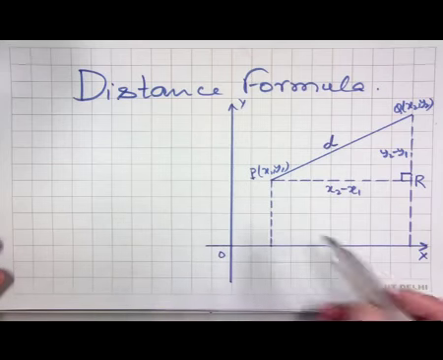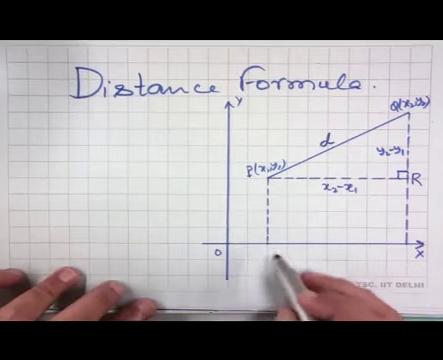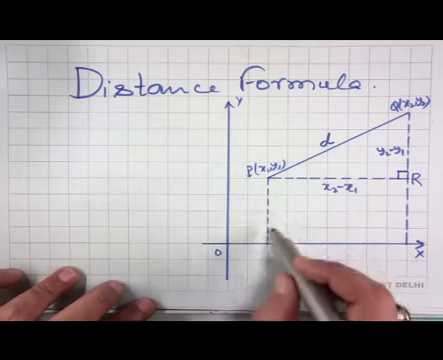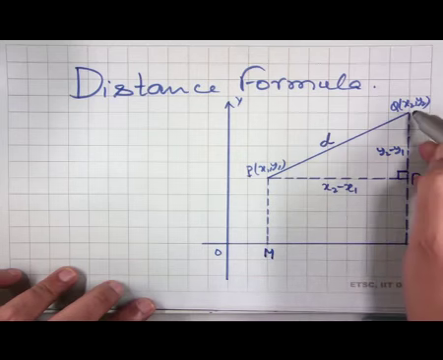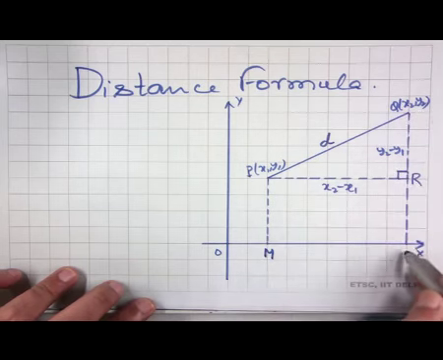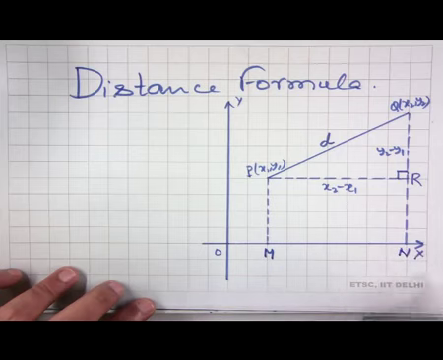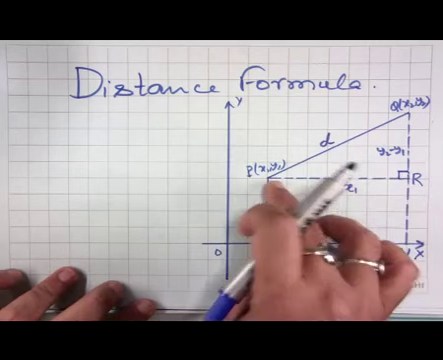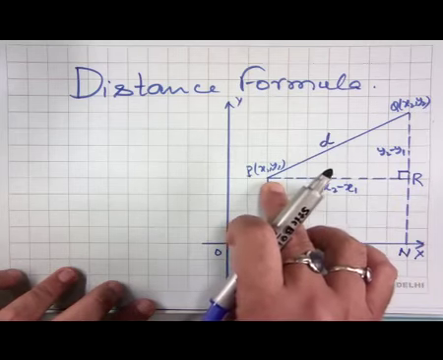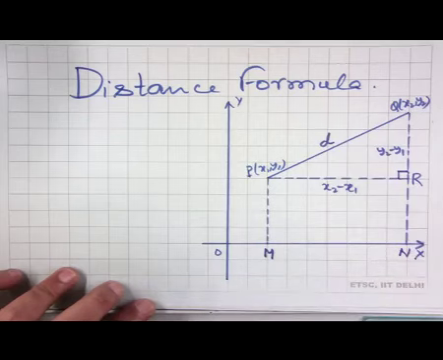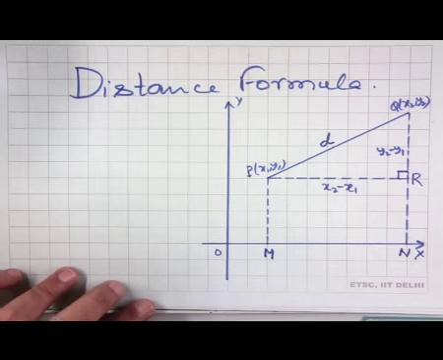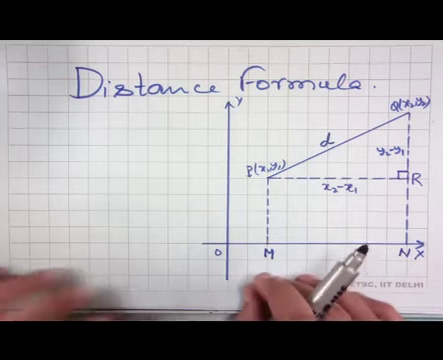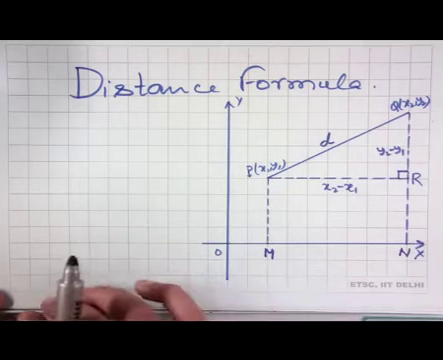For this we draw two perpendiculars: the perpendicular drawn from P on the x-axis is Pm, and the perpendicular drawn from Q on the x-axis is Qn. Now again draw a perpendicular PR on Qn. Now we have right angle triangle PQR. In this right angle triangle, D is the hypotenuse.